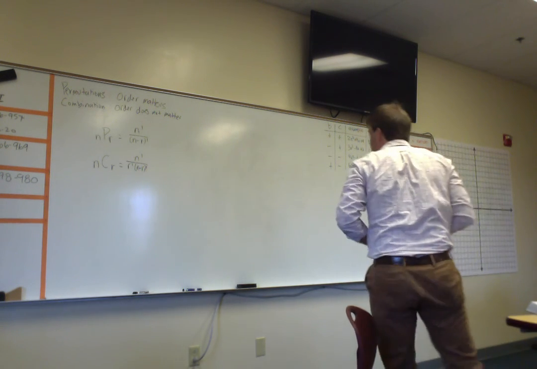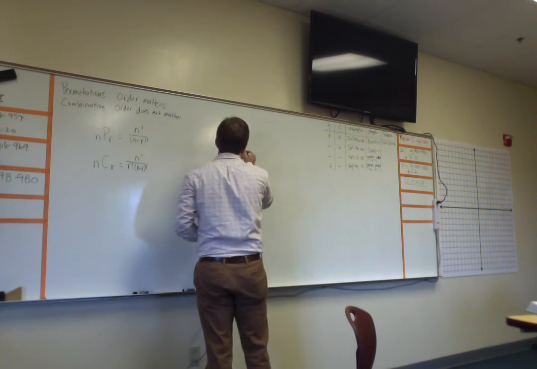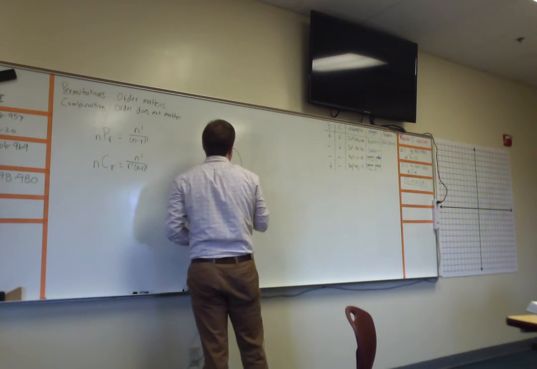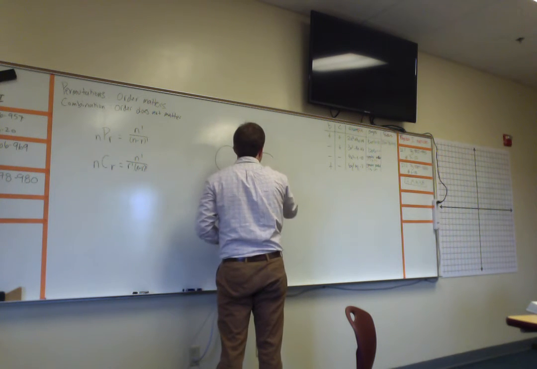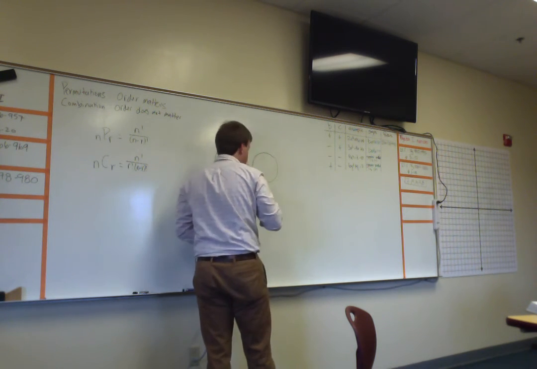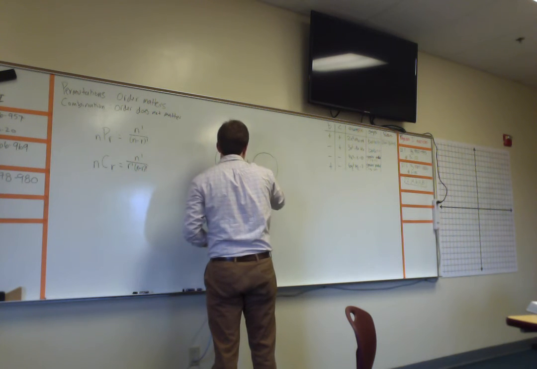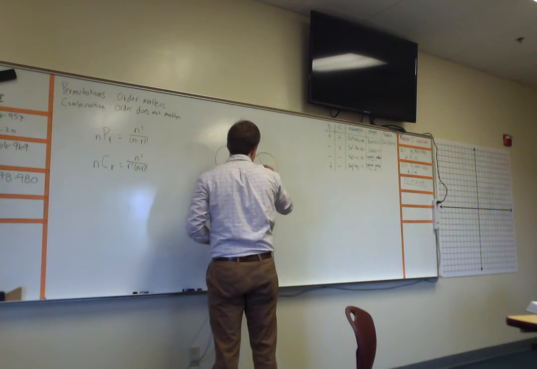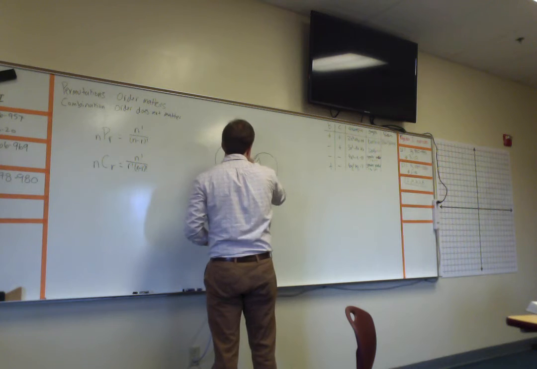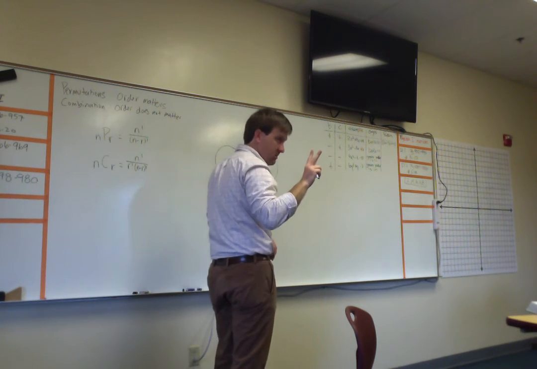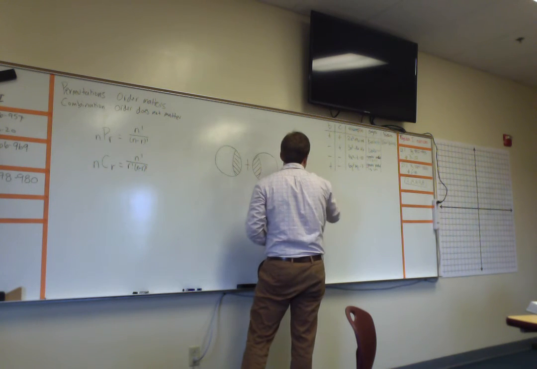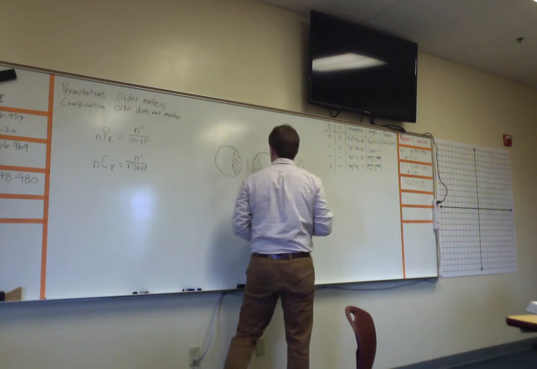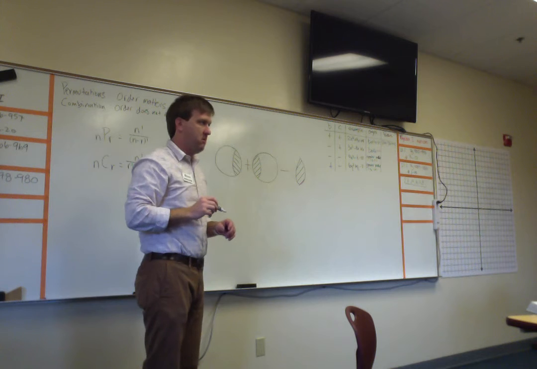See? So what if I were to draw a picture of that? This is favorable outcomes of A, this is favorable outcomes of B. I counted the leaf twice. I only want to count it once. So I subtract out just the leaf. You see?